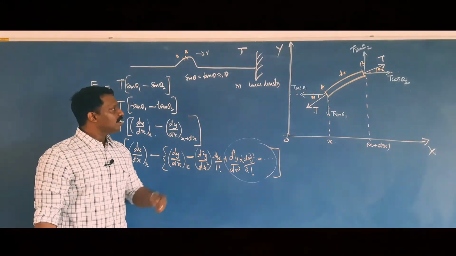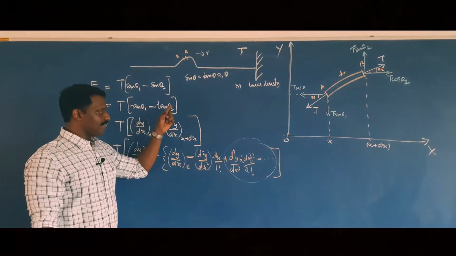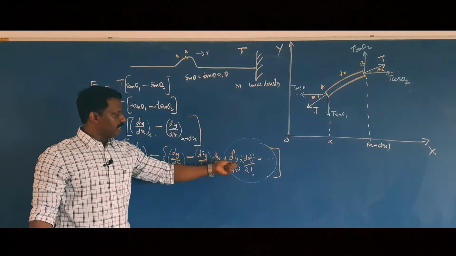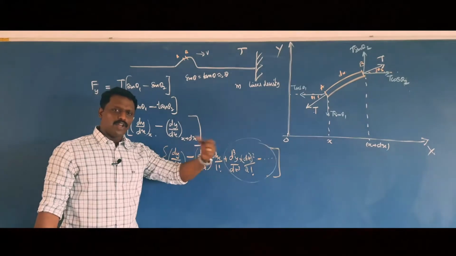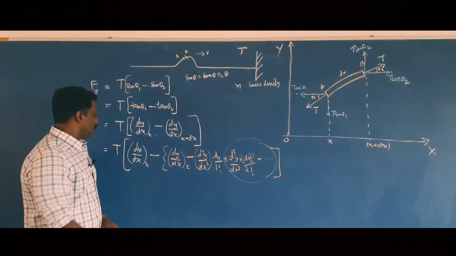Why? Because theta is very small, so the slope tan theta is very small, so the third derivative etc. will be very small compared to these values dy by dx.